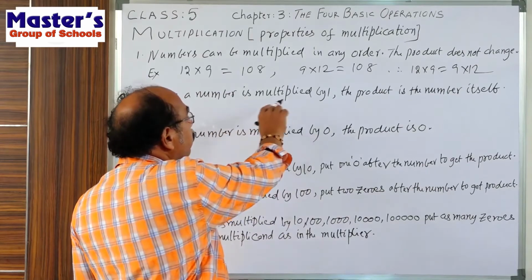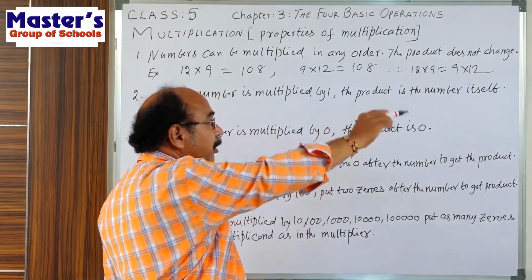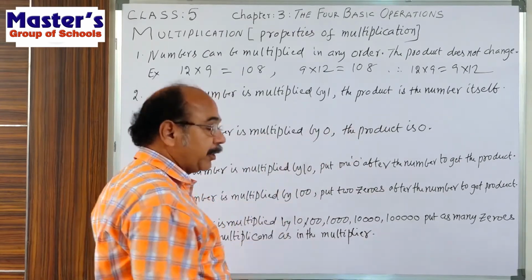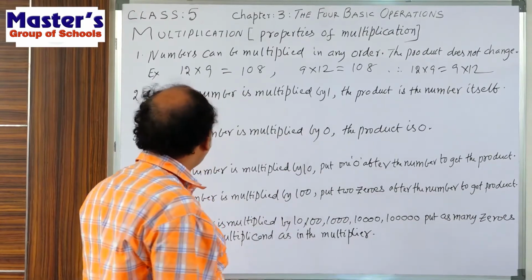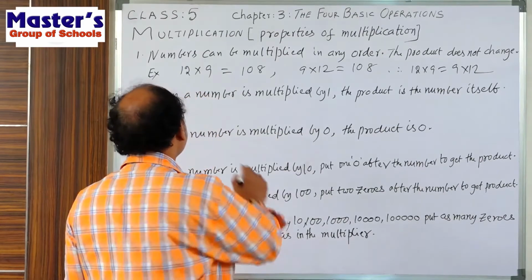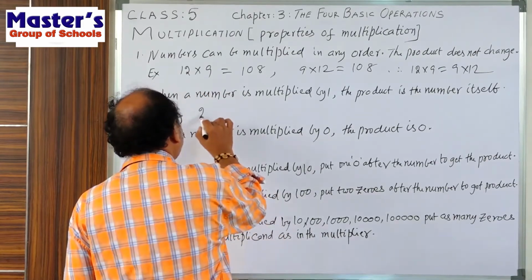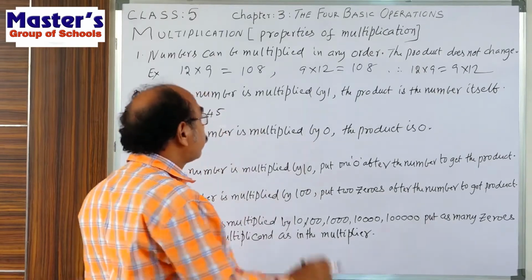When a number is multiplied by 1, the product is the number itself. So in this property, let us take one example. Take one number, any number you can take. Suppose 245. Multiply this with 1.